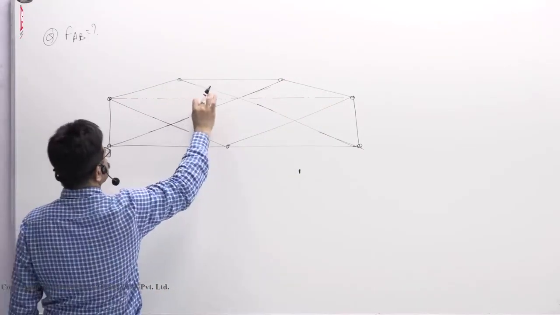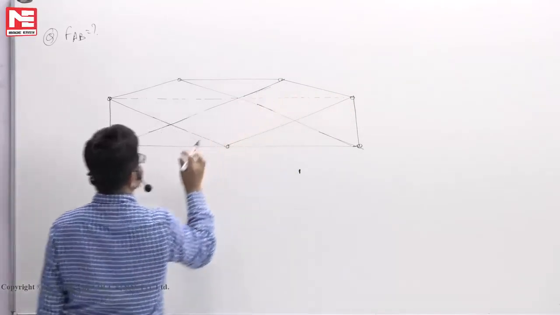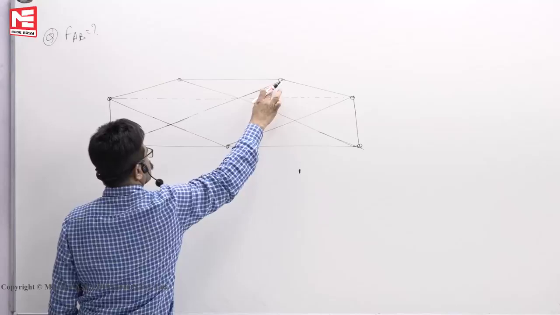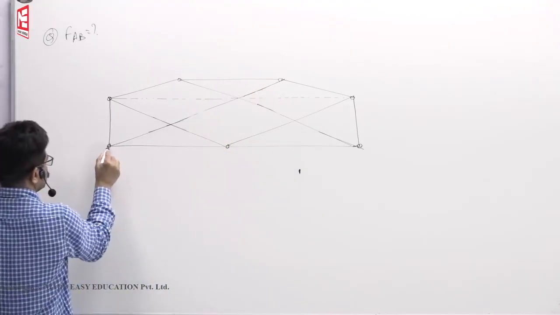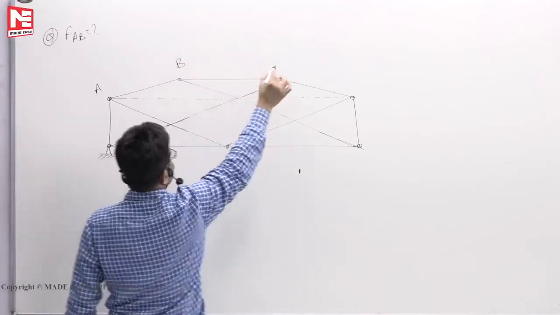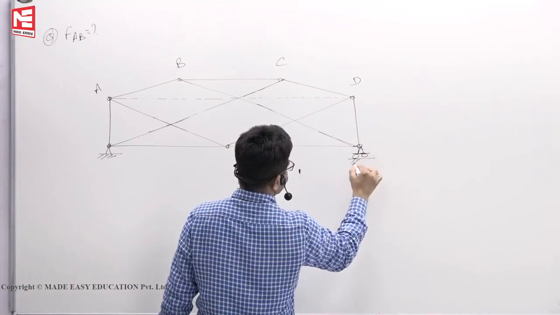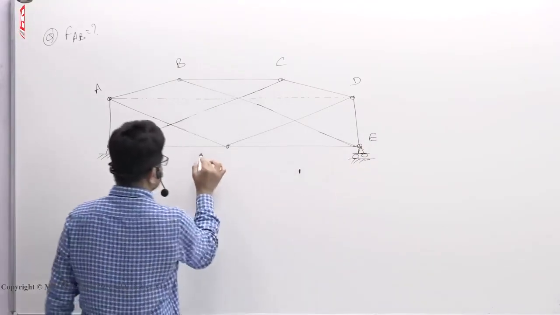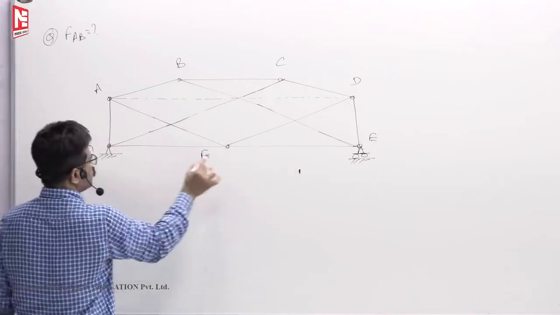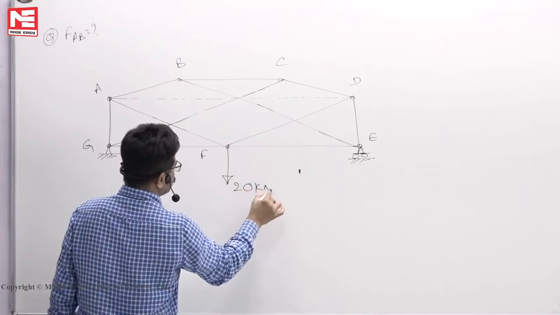So, this joint, let us say A, B, C, D, E, this point F, say G. Here you are applying a load of say 20 kilonewton.